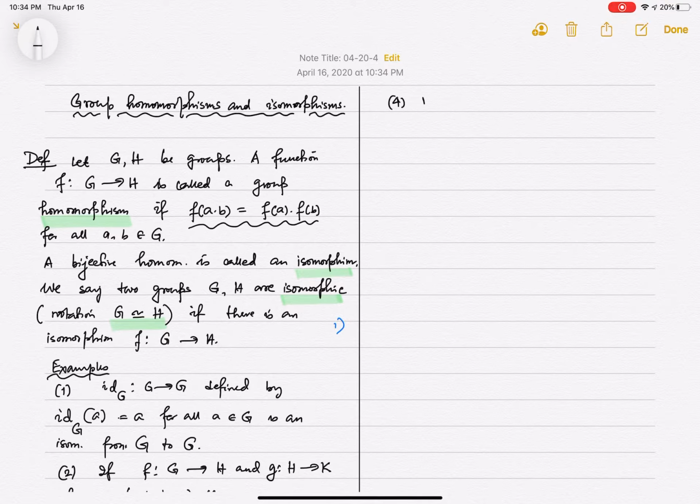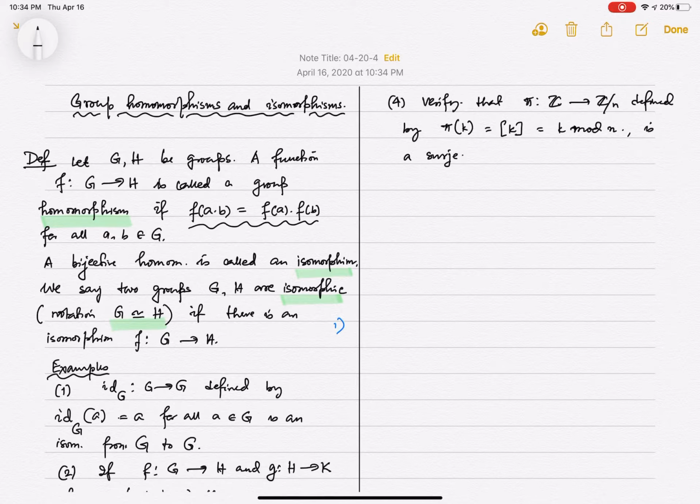So we have this standard map pi from Z to Z mod n defined by pi of k being the image of k in Z mod n, sometimes written k mod n. Verify that this is a surjective homomorphism.